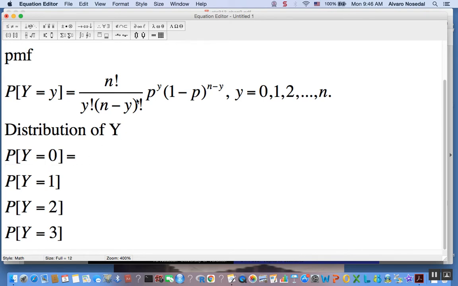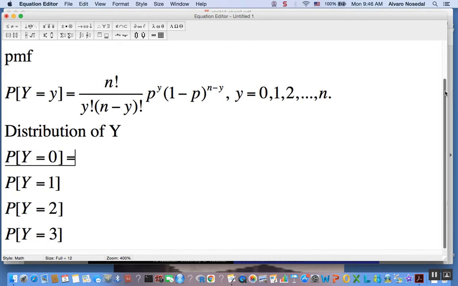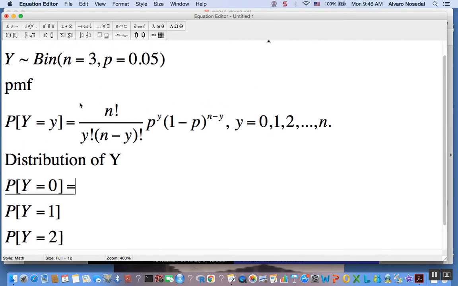So we could use that formula, the PMF, to find that. Just substitute.